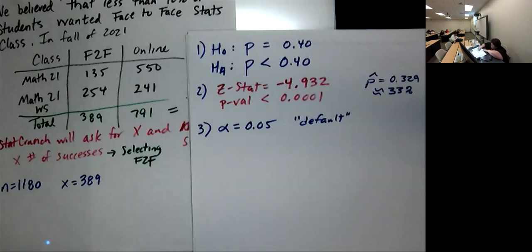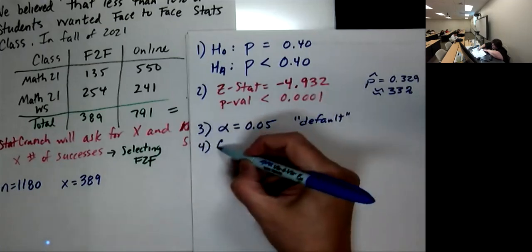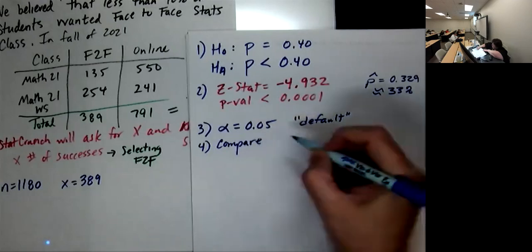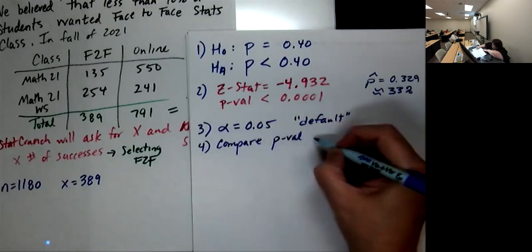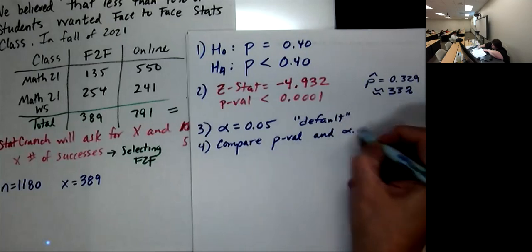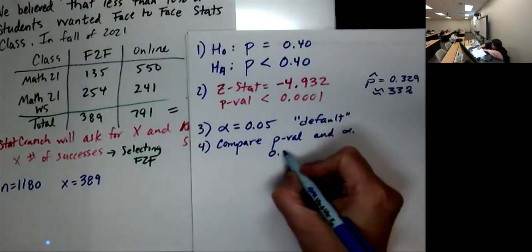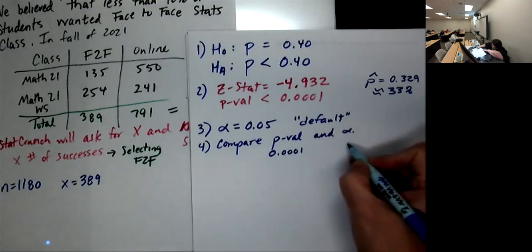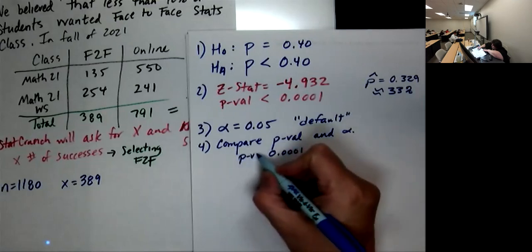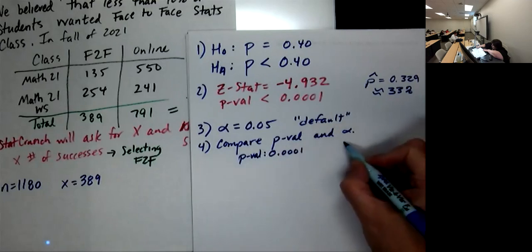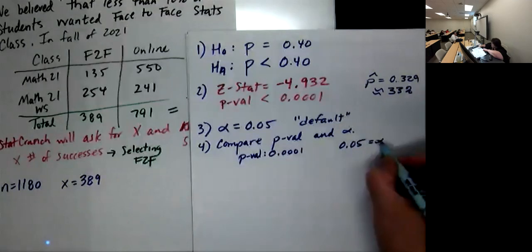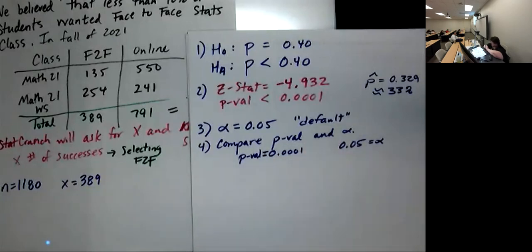All right, so step 4 was compare p-value and alpha. I'm putting pauses in here to make sure everyone has time to write stuff down. My p-value is 0.0001. And my alpha was 0.05. Is my p-value less than or greater than alpha?